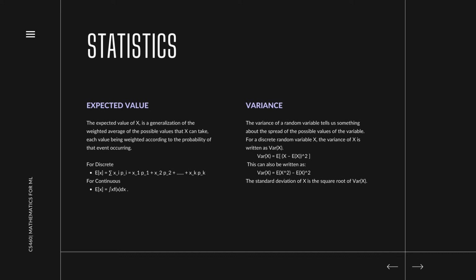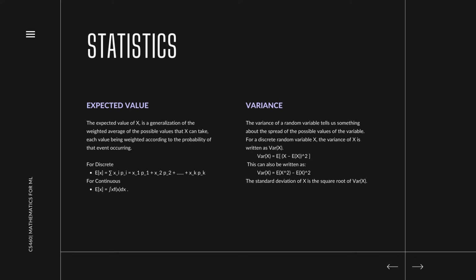Expected value, also known as expectation, gives us the most probable value that occurs when an event occurs. Variance of a random variable tells us something about the spread of the values of a variable, like how far values are from the expected value.